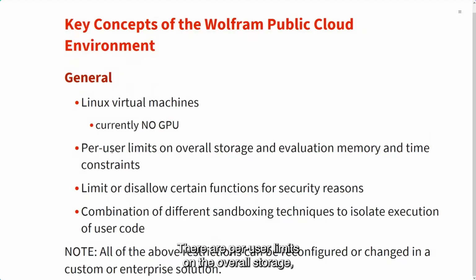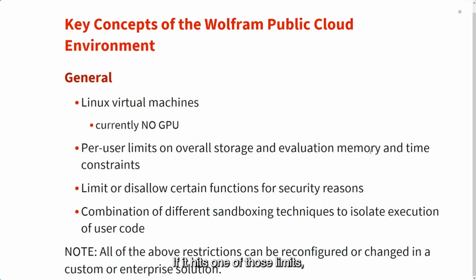There are per user limits on the overall storage, in other words, how many files you can have. And there are also per user evaluation memory and time constraints. By that, we mean each given evaluation can take up to X amount of memory or X amount of time, and as long as it evaluates within those limits, you're good.